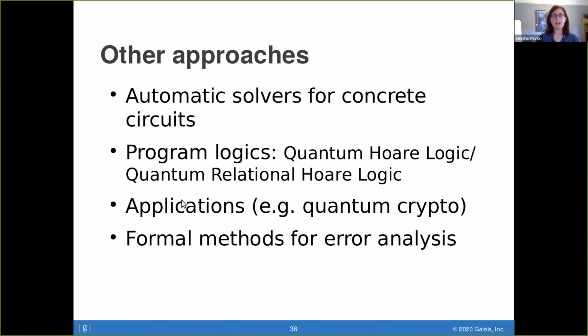We can apply formal methods in different kinds of applications and specialize them to those applications, which can lead to easier interfaces, ease of use, and use formal verification to reason about different kinds of features, not just functional correctness, right? Things like how much error is introduced by this program, or how robust is it to error over time.